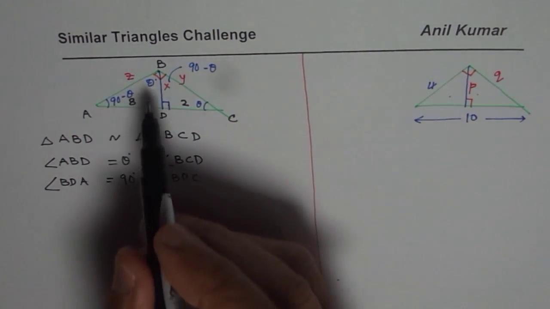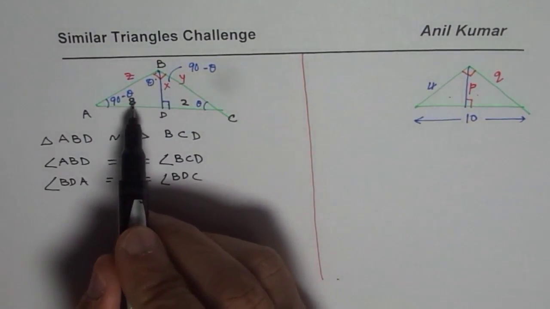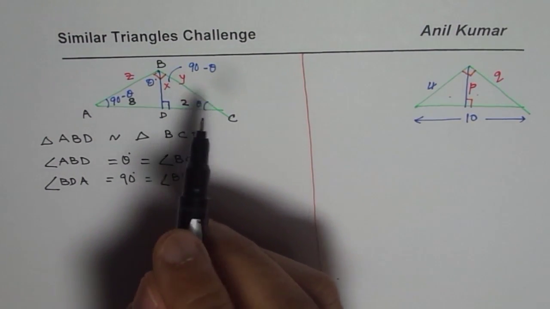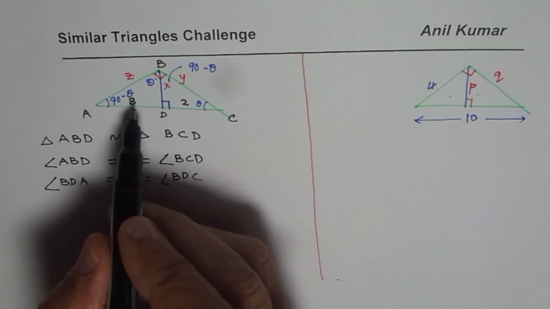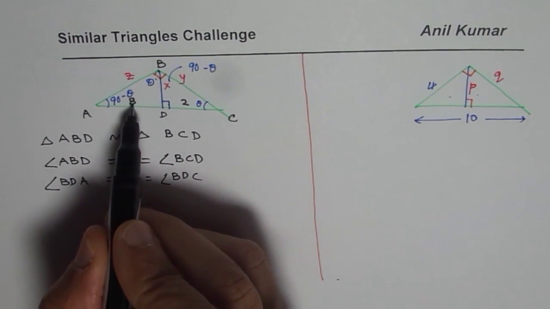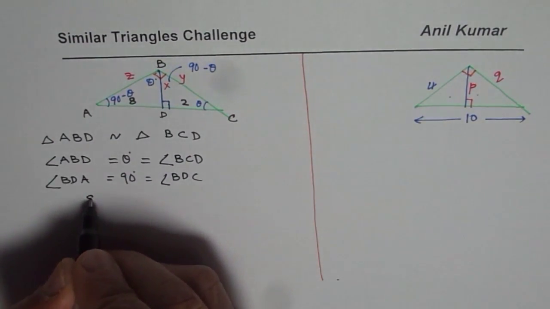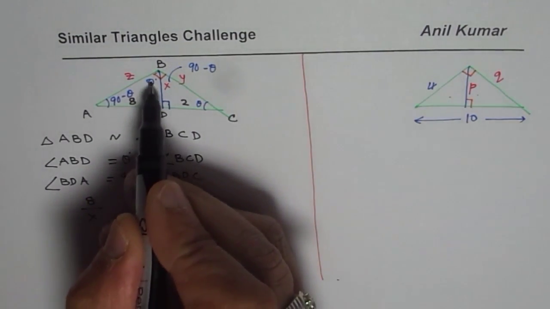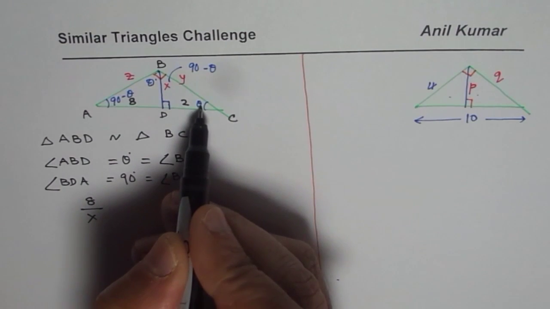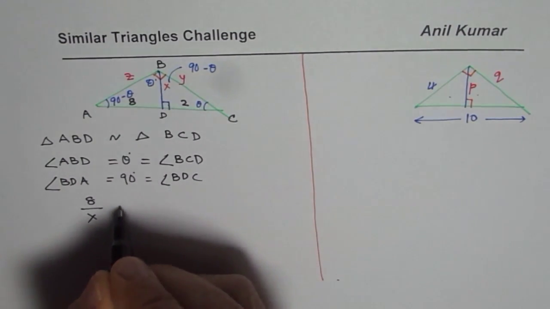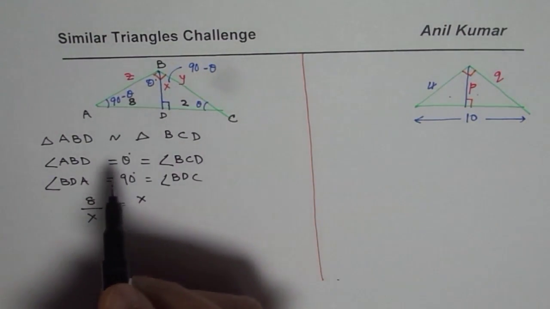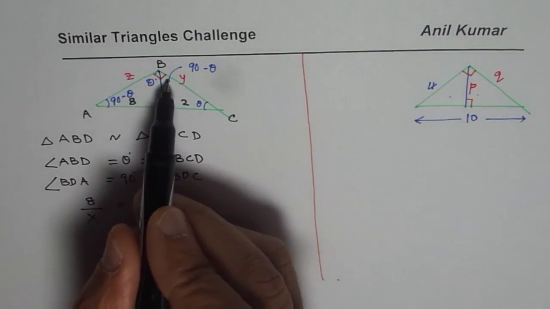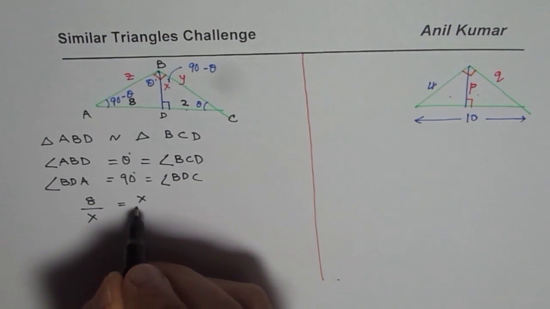Since these two are similar triangles, I can write their ratios as equivalent ratios, correct? So we can write here that 8 over x, so 8 is the side opposite to angle theta in this triangle, is equal to x over 2, since x is opposite to theta in this triangle, and opposite to 90 minus theta is 2.